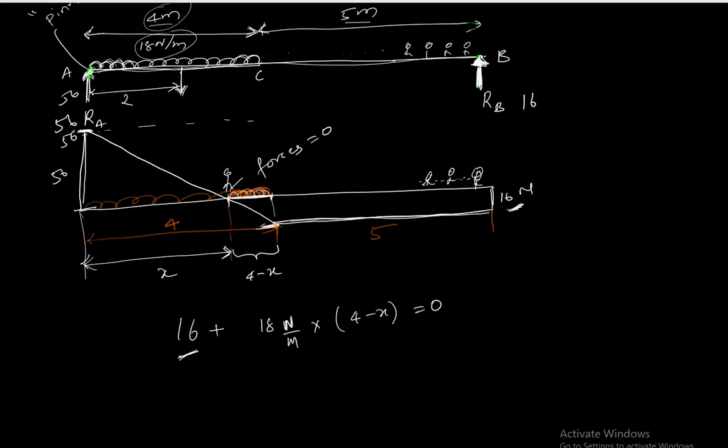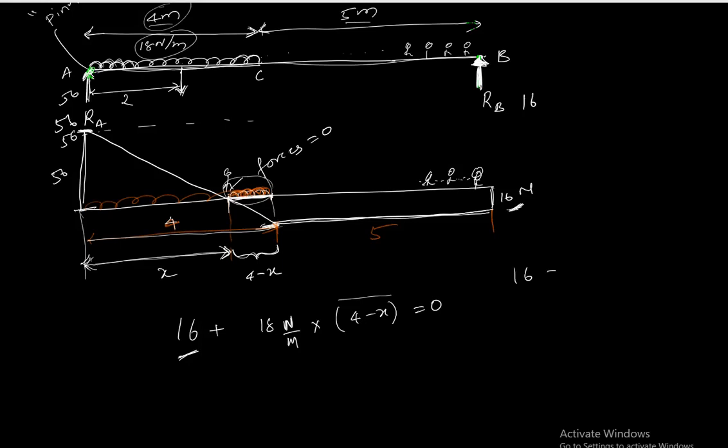When we come here, we need to add this force also. That force is what? The distribution, Newton per meter, times the distance. So this entire distance is 4, which is given in the problem. And we have said this part is x. Right? So the rest of it would be 4 minus x. Okay, so we have multiplied the distance, and then when you reduce all of this, what do you get?